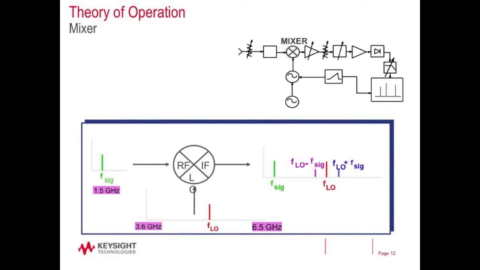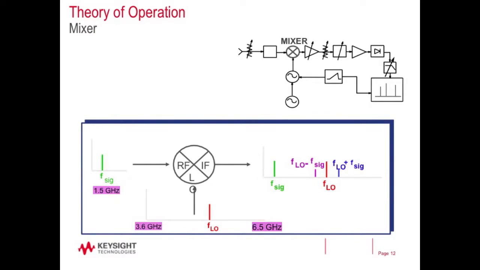So I've got another animation that'll tie these together even a bit more. But again, this is a mixer. This is the heart of a signal analyzer or spectrum analyzer. And what you can see in this scenario, we have a single frequency in at 1.5 gigs, and then we basically will sweep the LO from 3.6 gigahertz to 6.5 gigahertz.